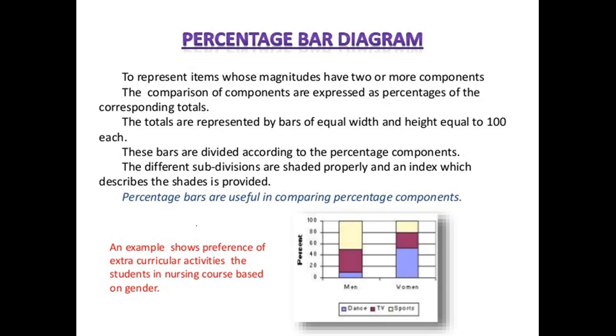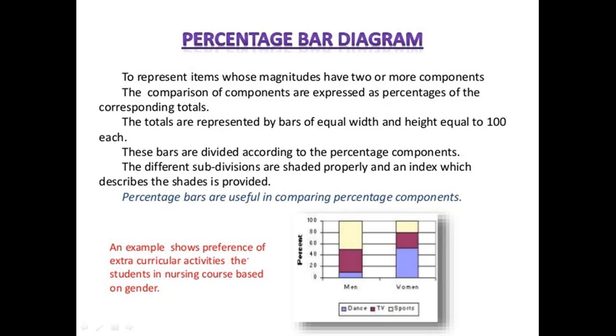So when we are talking about subdivided bar diagrams, it represents percentage of total for each component instead of their magnitude. Each component of data is expressed as a percentage with respect to the corresponding total. Percentage bars are useful in comparing percentage components.